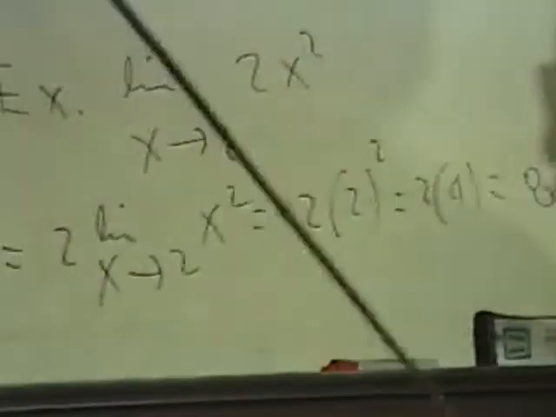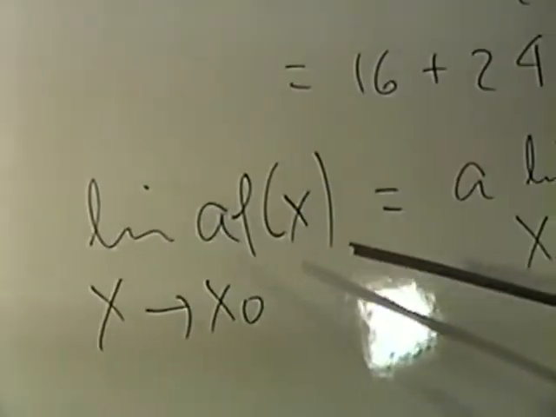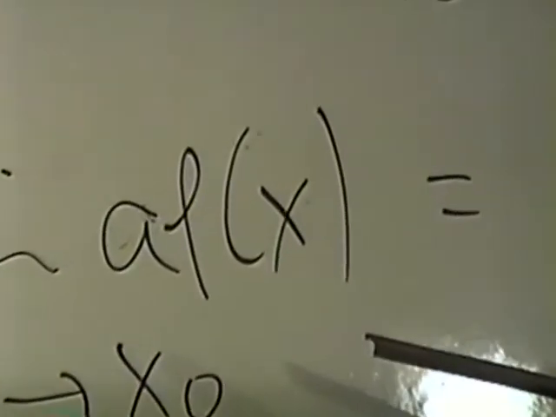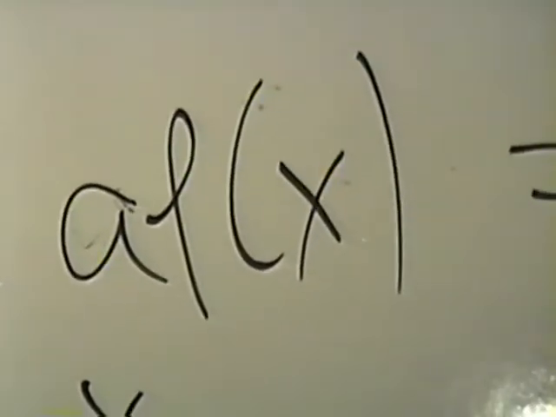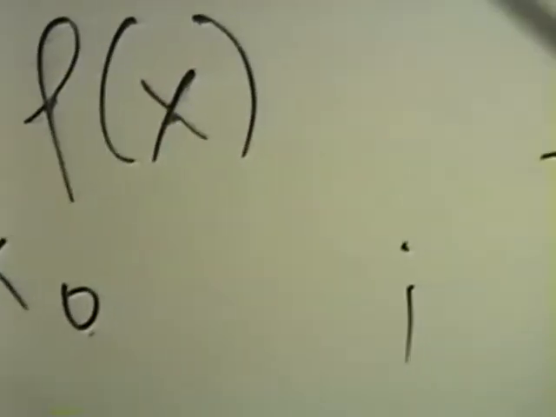Okay, repeating. Suppose we have a times f of x, where a is any constant different from 0. Then the limit as x approaches x sub 0 of a times f of x is equal to a times the limit as x approaches x sub 0 of f of x, such as in this example here.